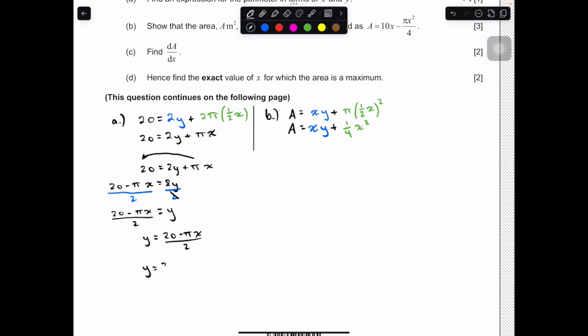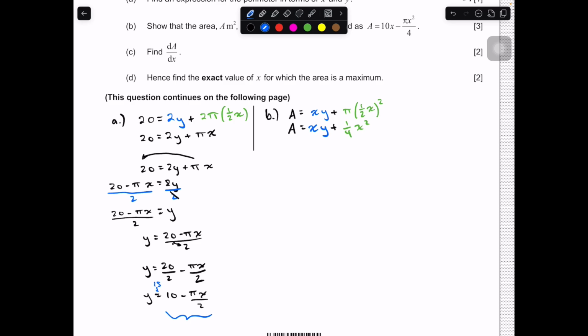So y is equal to 20 over 2 minus pi x over 2. These things are equivalent, and what that does is, if we see that this 20 and this 2 are related, it helps us potentially simplify things just a little. So y is equal to 10 minus pi x over 2. Y is this, that's what an equal statement is.